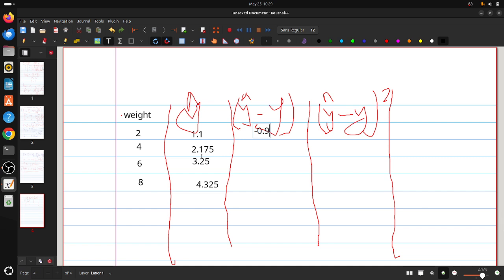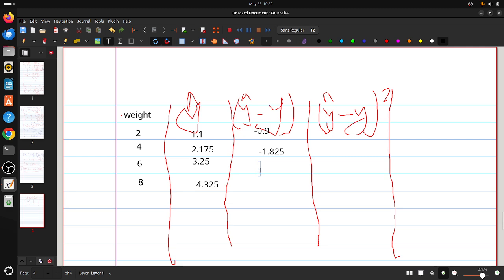then 2.175 minus 4, this will be a negative 1.825, and then 3.25 minus 6, right?